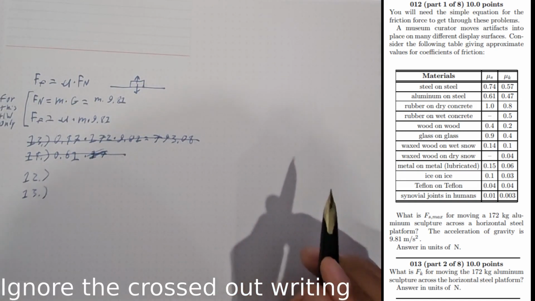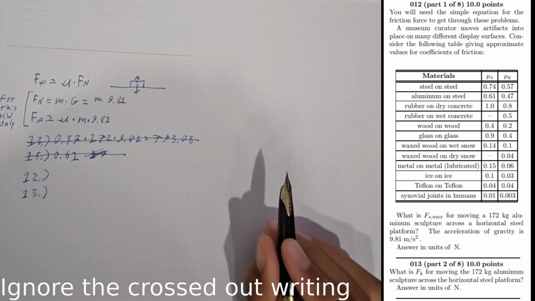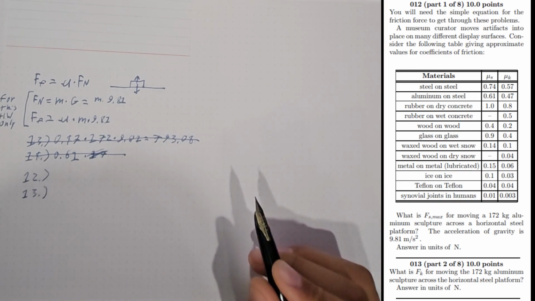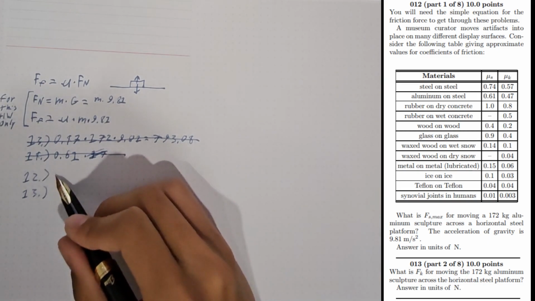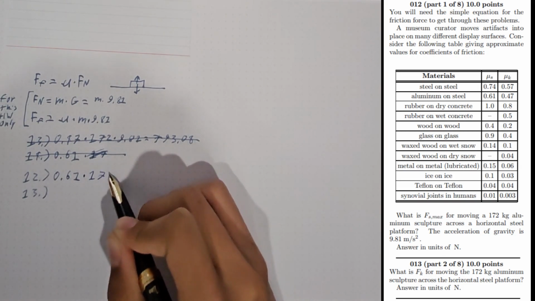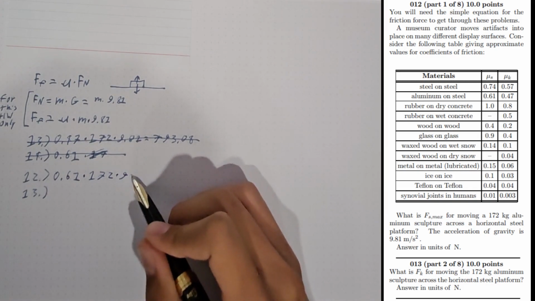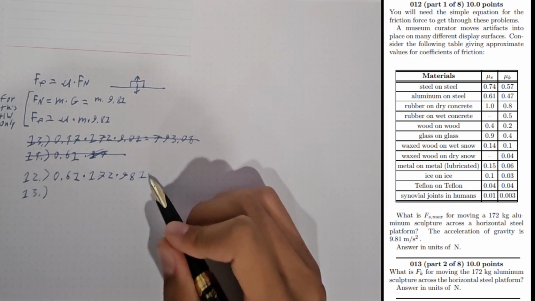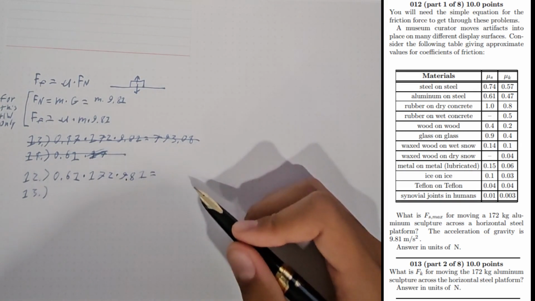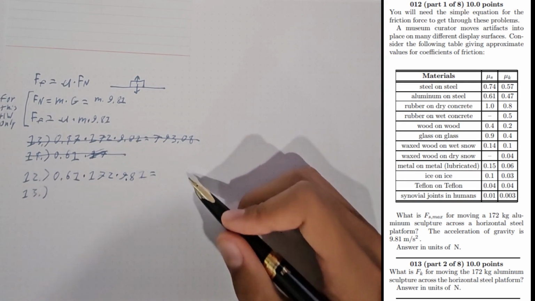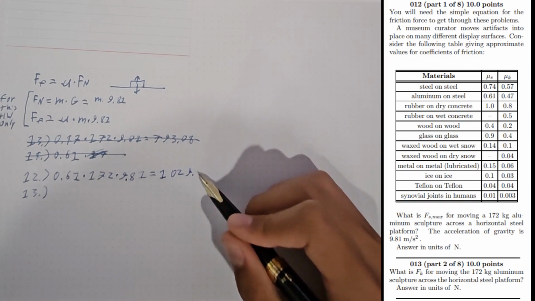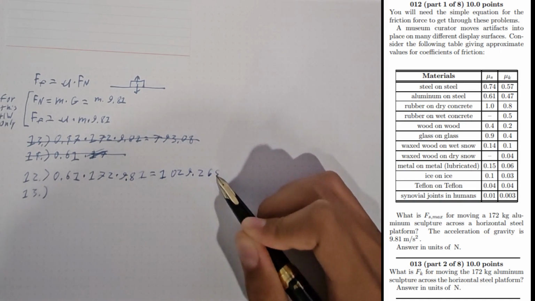So I will show you my problems 12 and 13. For me, 12 is aluminum on steel static, which is 0.61 multiplied by 172 times 9.81, which is going to be equal to 1029.265.